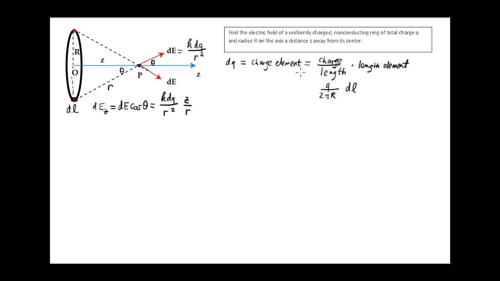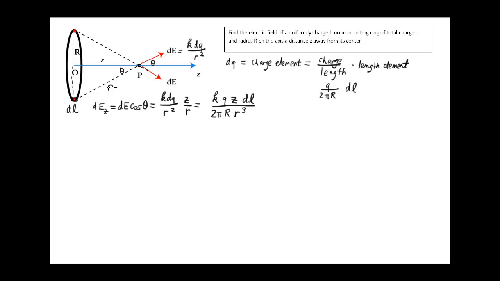And now dq, we'll be able to substitute that in here as well. So we get k, dq now is Q, and then we have a z here and a dl, and everything that's in the denominator will involve 2 pi times the radius times the distance r cubed.